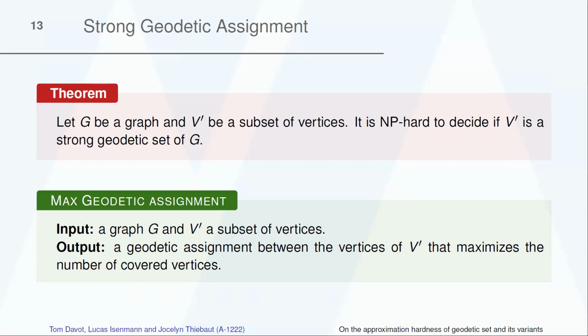And this is the problem of max-heuristic assignments, where it's exactly what it says. You take a graph and a subset of vertices, so you don't have to find this, it's done. And you have to find which shortest paths cover as many vertices as possible.